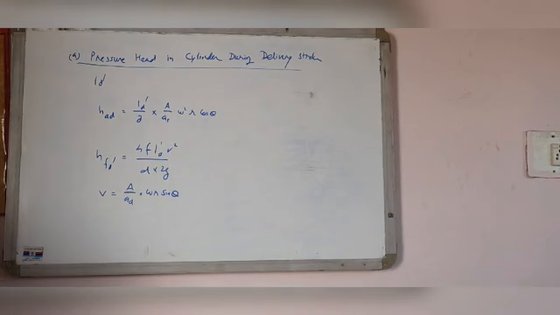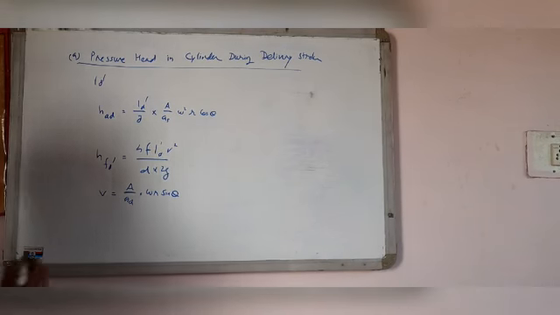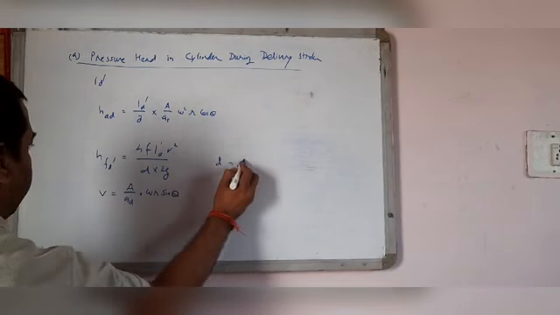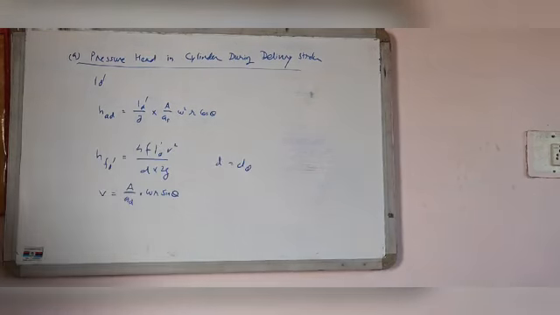Here D is the diameter of delivery pipe, so it is DD.